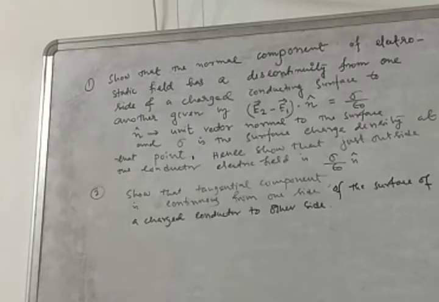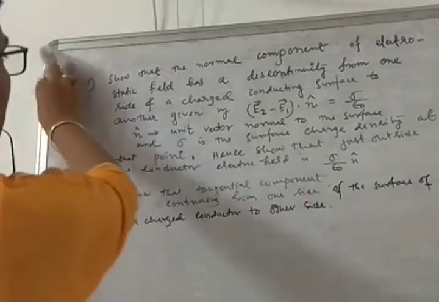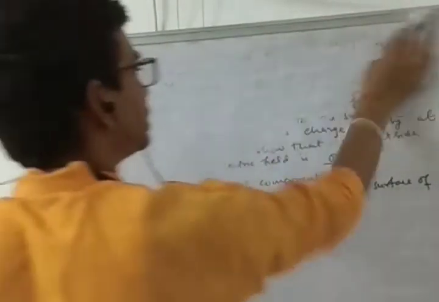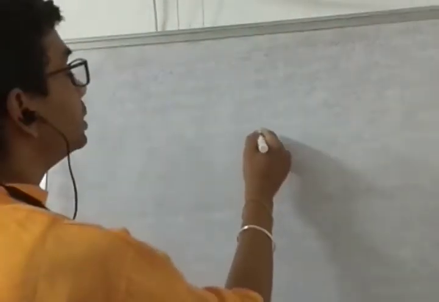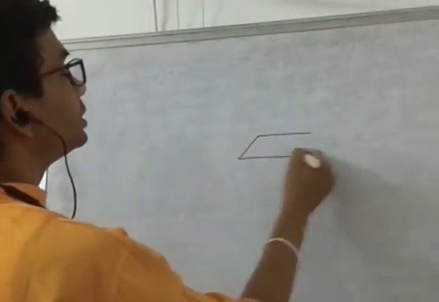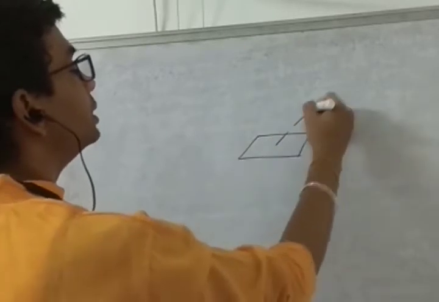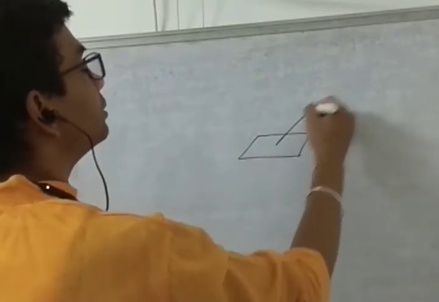Before we solve the problem, just try to understand the main concept of the vector. Okay, suppose this is a surface, and this is a vector.